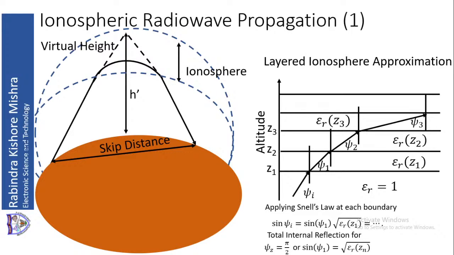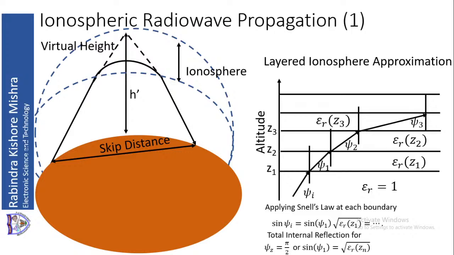Now if I go to the layer between Z1 and Z2, epsilon r Z1 will be less than 1. Why will it be less than 1? We have seen an expression for epsilon r, which is equal to the square root of 1 minus omega p squared by omega squared.